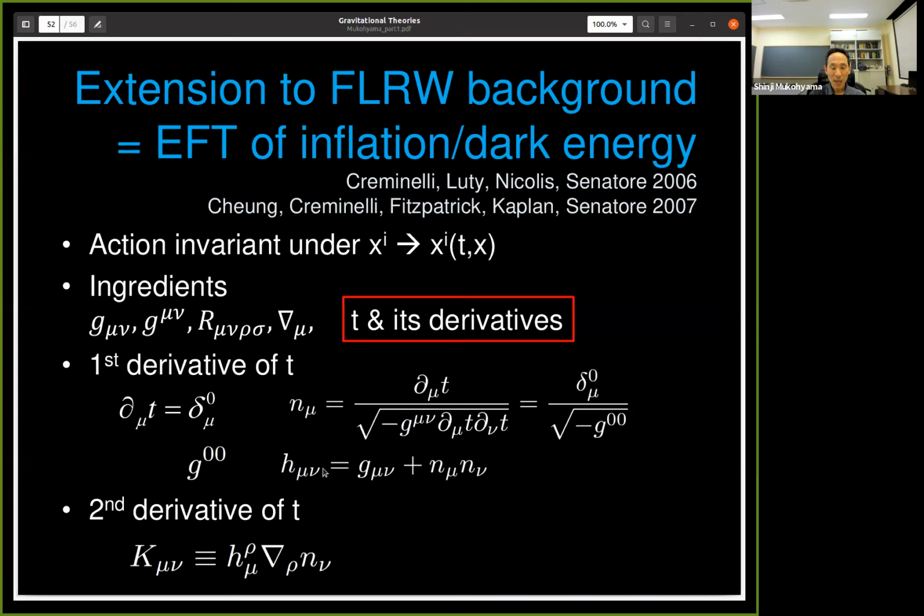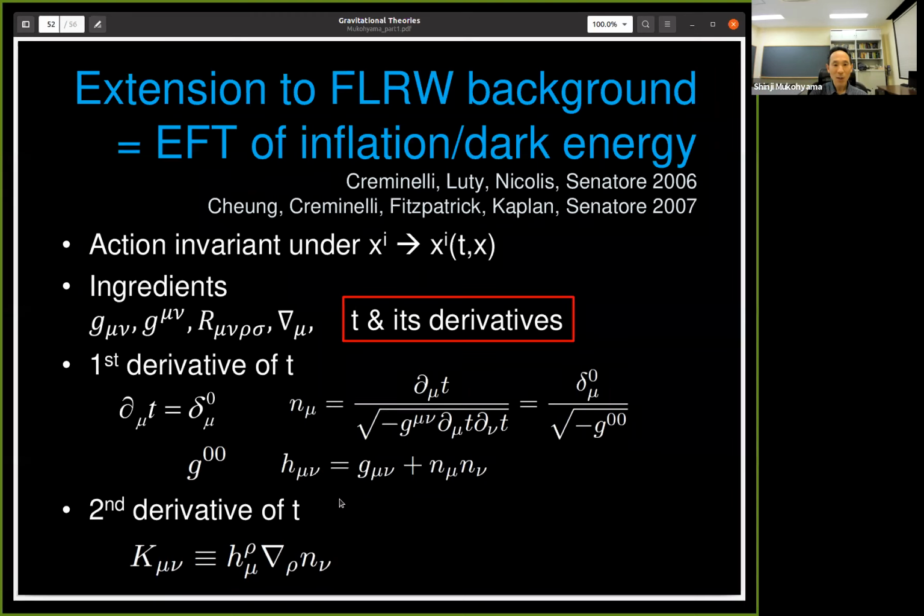Also, we can construct h_{mu nu}, which is this combination, because n_mu is given by this, and this is nothing but the 3D metric constructed on the constant time surface. If we contract this with n^mu, because n_mu n^mu is -1, we get 0, so this is orthogonal to n^mu. This is the induced metric on the constant time surface.